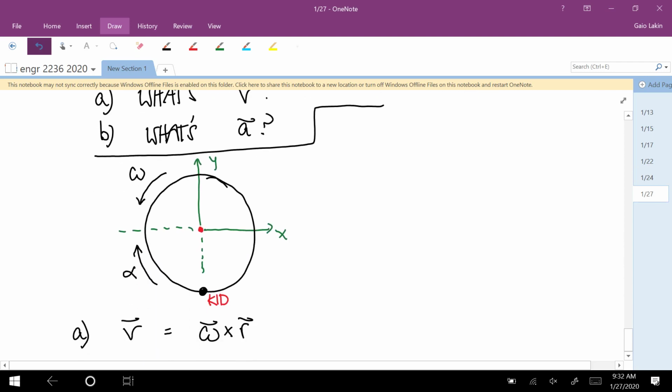If it's rotating in this direction, curl your fingers in the direction of rotation, and that means that your thumb is coming out of the board, which has to be the positive z direction.